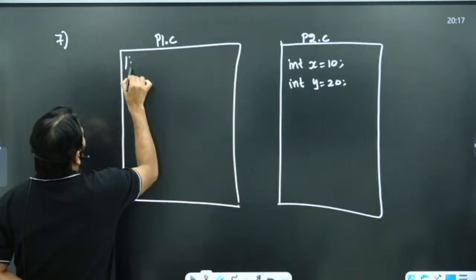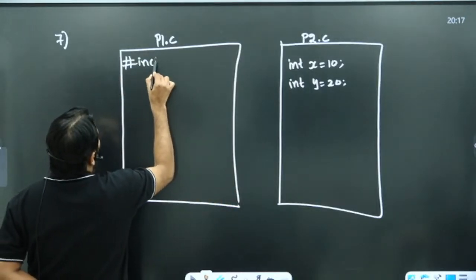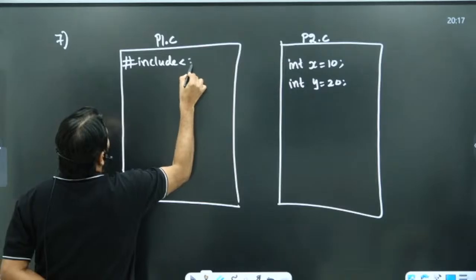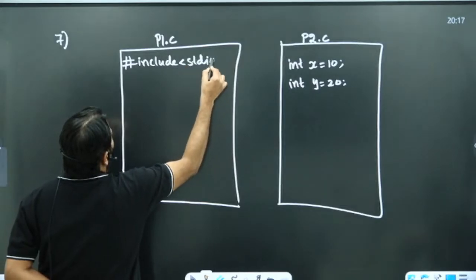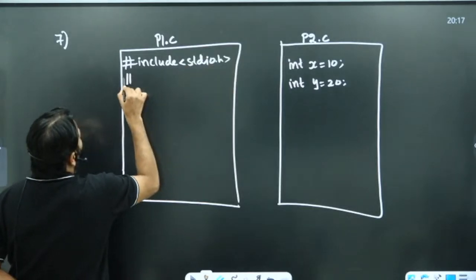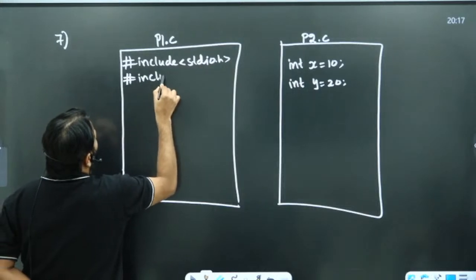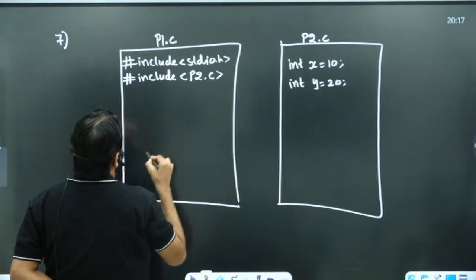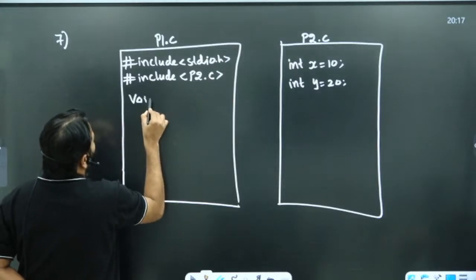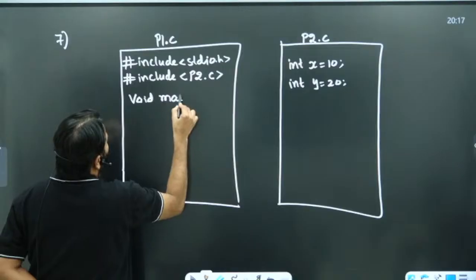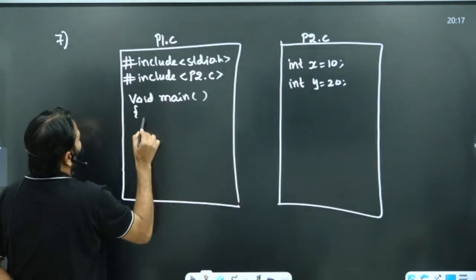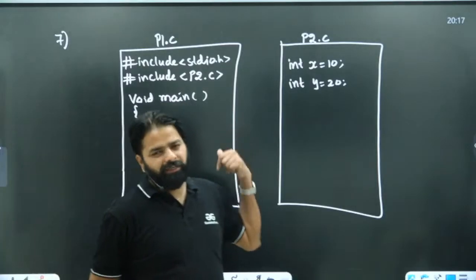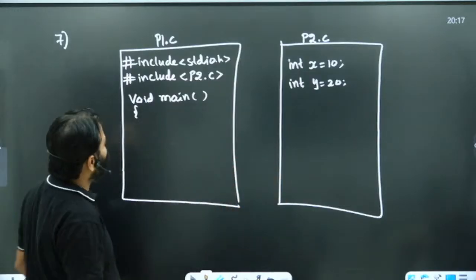Here I'll write #include <stdio.h>, #include p2.c, void main. Now I wanted to use that x and y here. So what will I do?